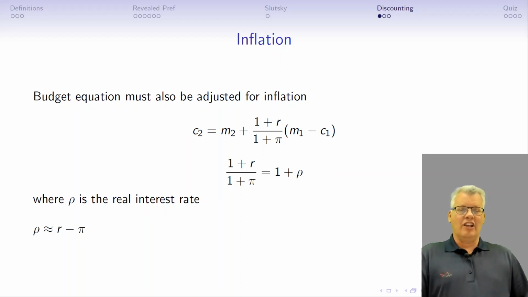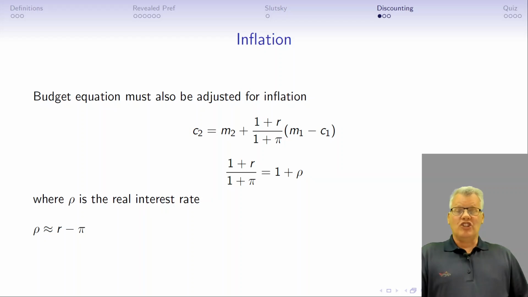Suppose we have a consumer who funds additional consumption in the second time period above their time period 2 earnings through savings. You remember the way we expressed this before is that the consumer is able to spend their principal and they're able to spend their interest received.